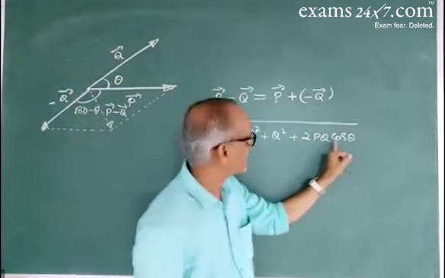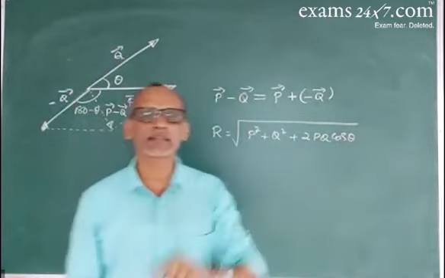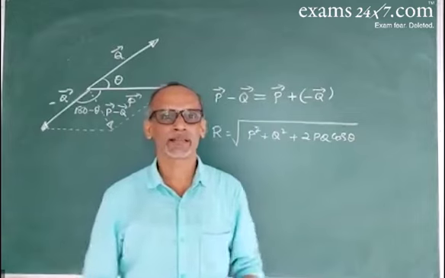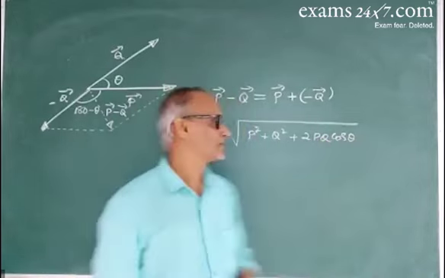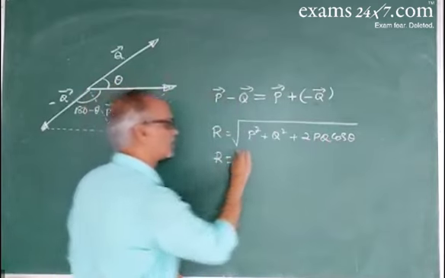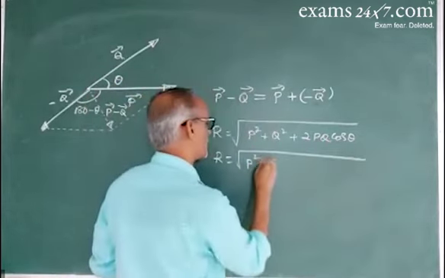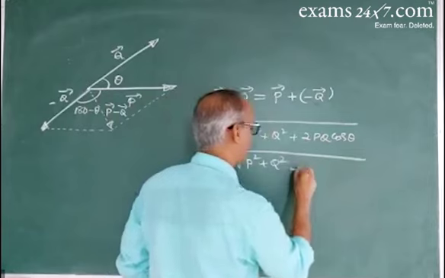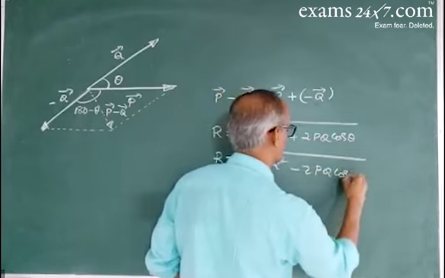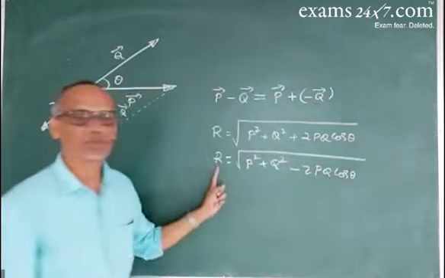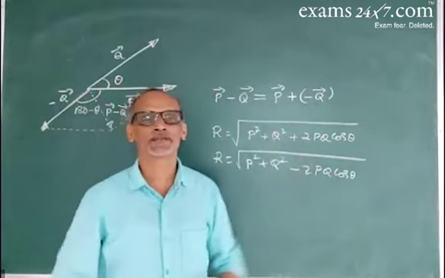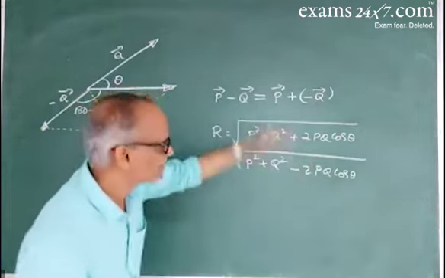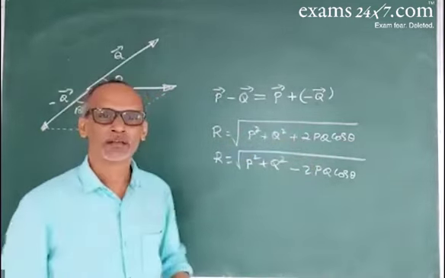Therefore, if I replace that here, cos of 180 minus theta, which means it's in the second quadrant, where cos is negative. So you're going to get r equal to root of p square plus q square minus 2pq cos theta. So this is the magnitude of the subtraction of two vectors. This is the magnitude of addition of the two vectors. So that's the difference between the two equations.